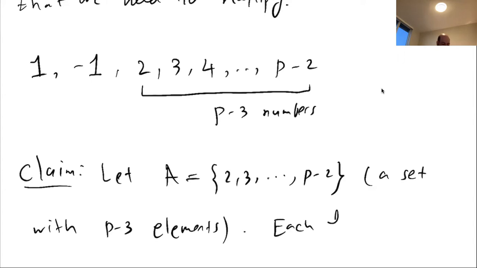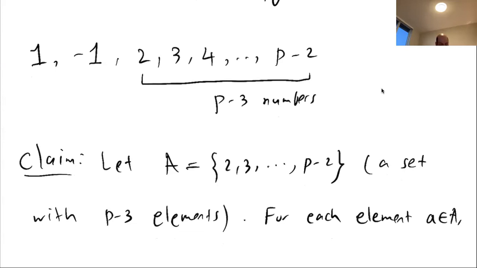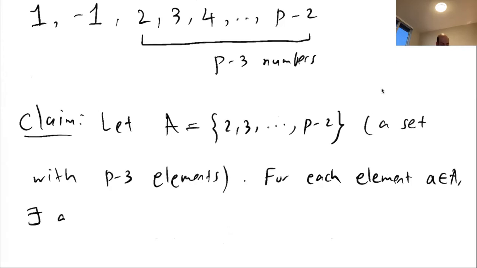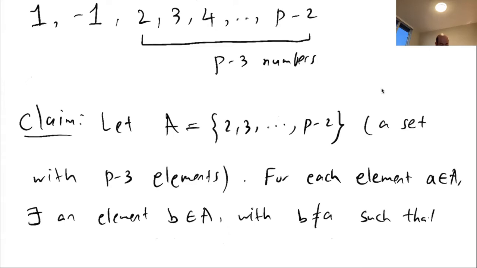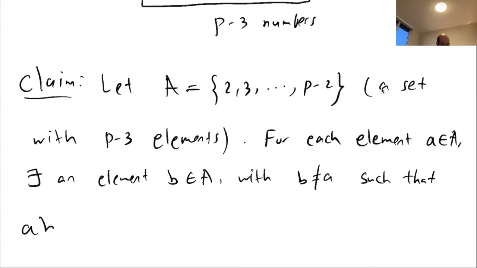For each element a in A, there exists an element b in A with b not equal to a, such that ab is equal to 1.